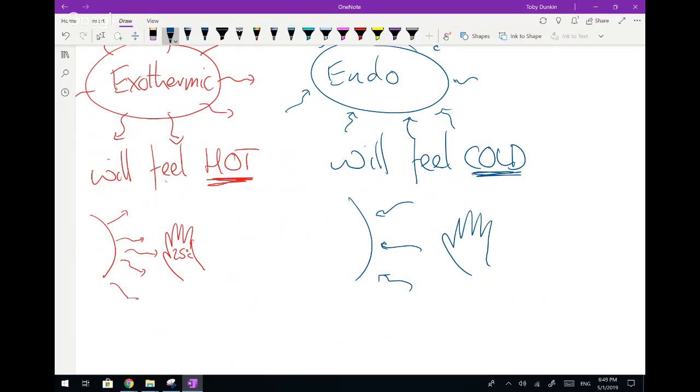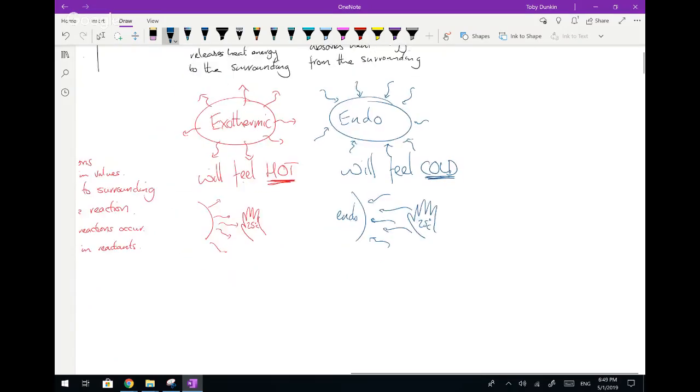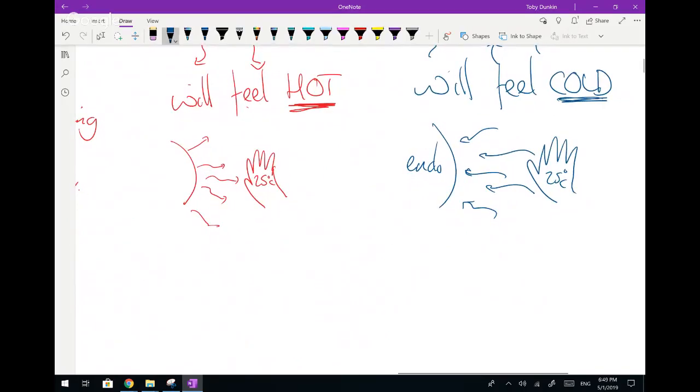So if you put your hand on a chemical reaction that is endo, then your 25 degrees Celsius hand is going to be giving over its heat energy, and it's going to be drained from you. So your hand will decrease in temperature. It's nice at this point also to add that in as well.